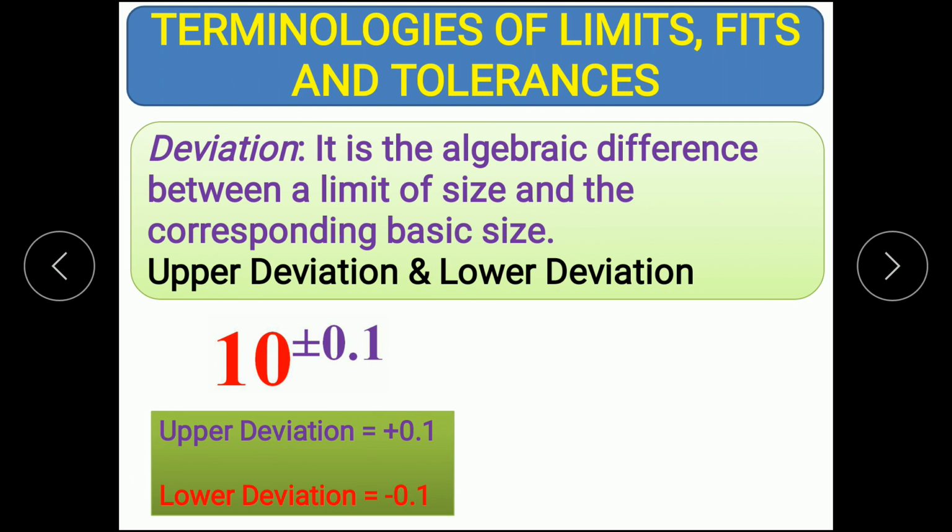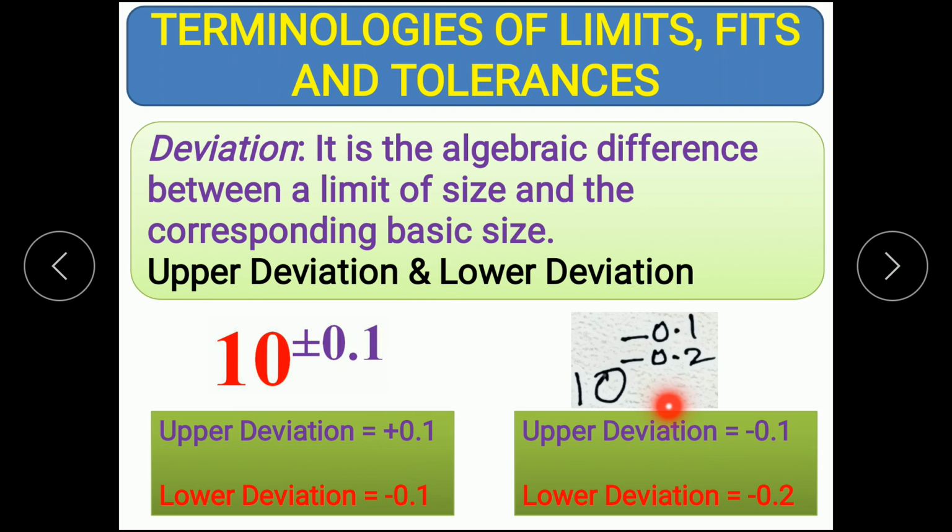That means how much change is allowed on the upper side and on the lower side with respect to the basic size. That is called the deviation. Deviation is again classified into two types, upper deviation and lower deviation. Suppose in this case it is 10 minus 0.1 minus 0.2, then the upper deviation is minus 0.1 and the lower deviation is minus 0.2.